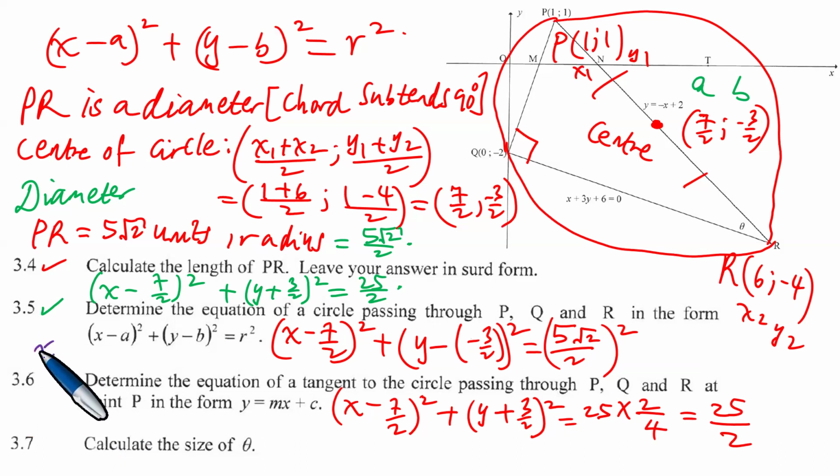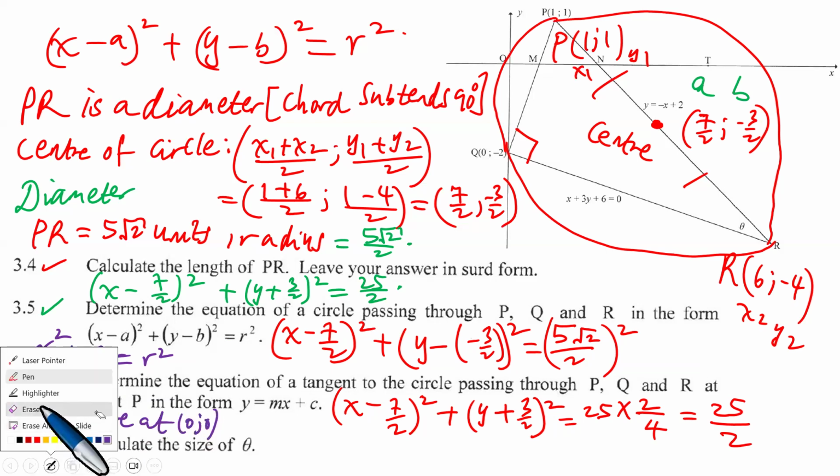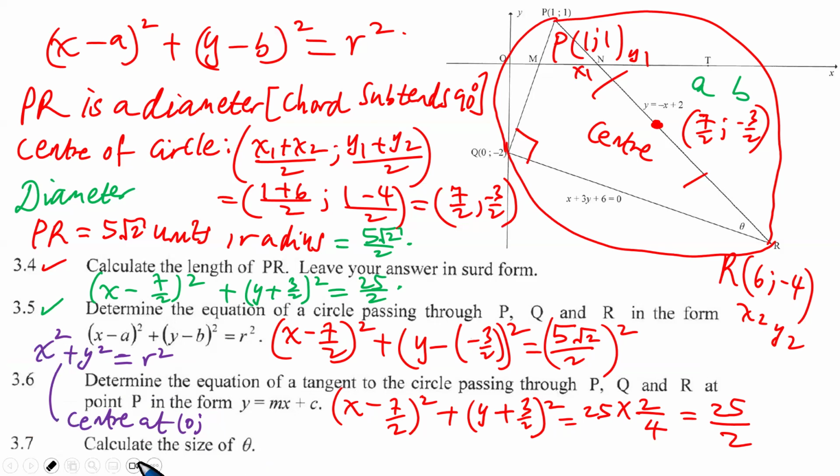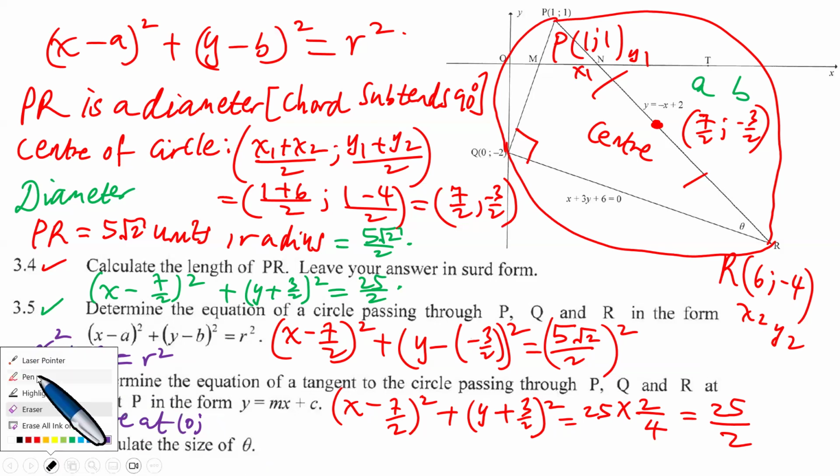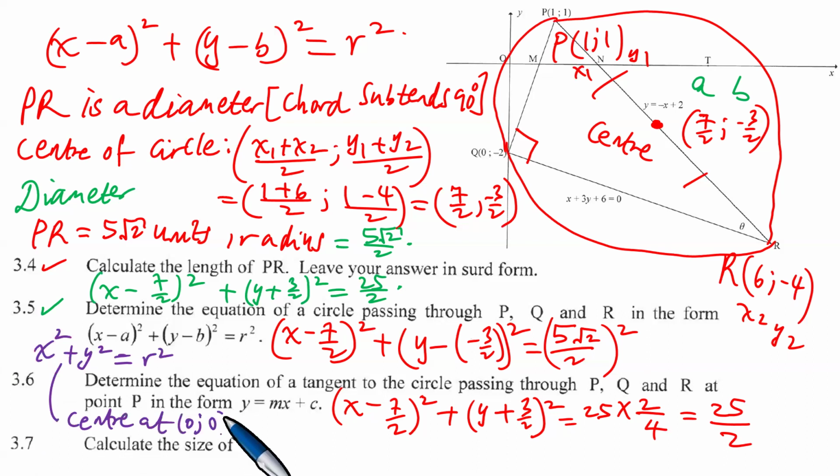What other forms exist? Let us look at the following. You can have x squared plus y squared equals r squared. So this becomes the equation of a circle that has its center at the origin. So that's something that you need to take note of.